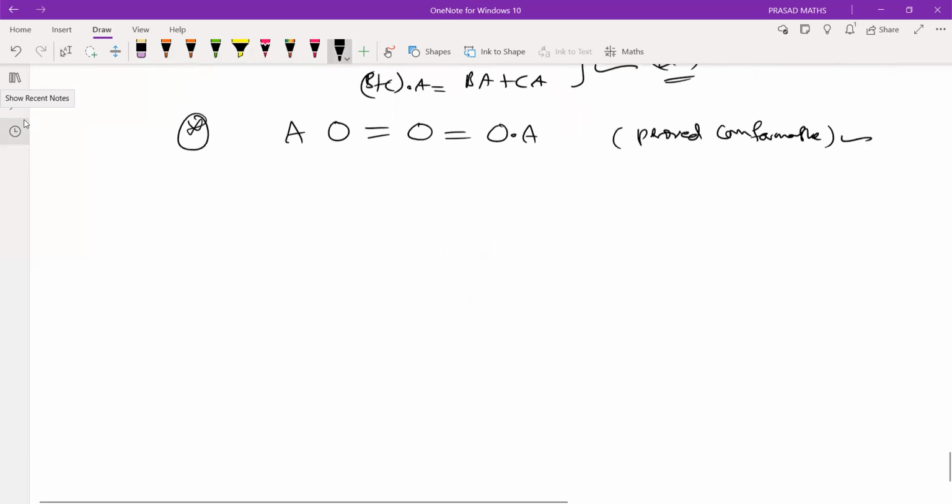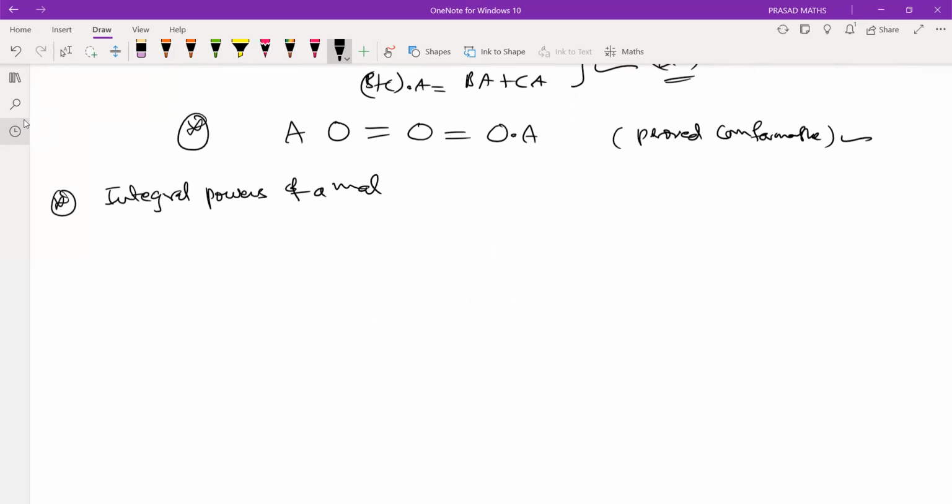Next is integral powers of a matrix. This is a very important concept. What do you mean by integral powers?